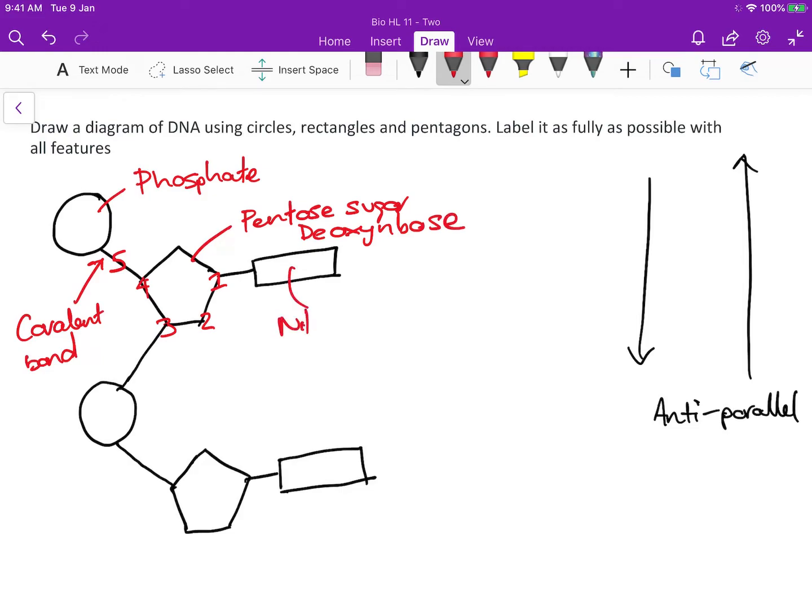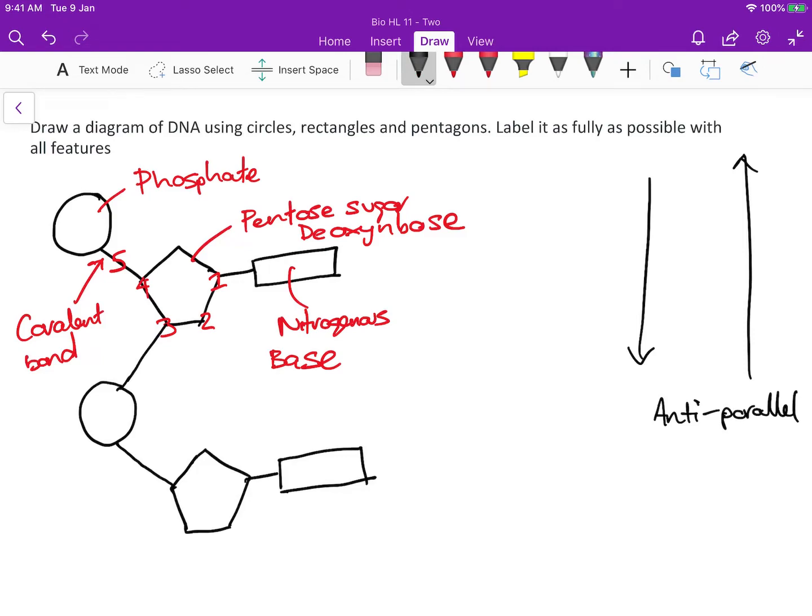Then to our nitrogenous base. I haven't left myself a lot of room there. You're going to see in a moment what I'm going to do. Then we need to draw the rest of it.